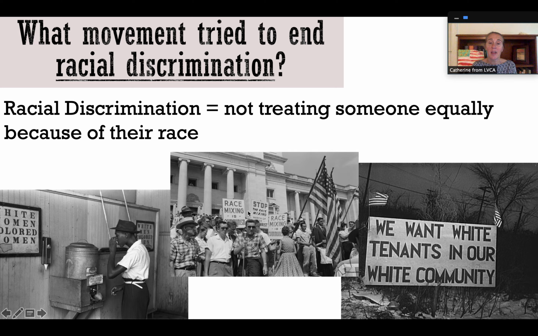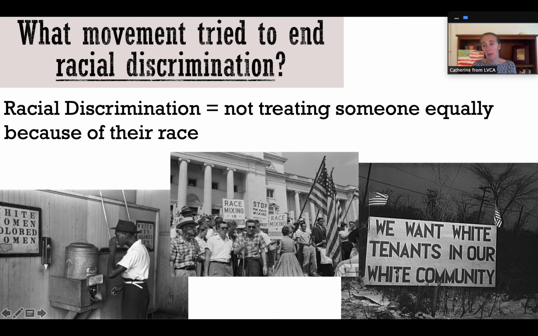People believed that having integration, having people of different races go to school together or get married or even be friends with each other, was bad. There was a group of people who didn't think that people from different races should interact with each other. They wanted to discriminate against people because of their race.